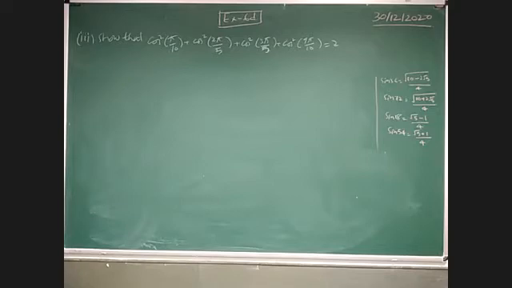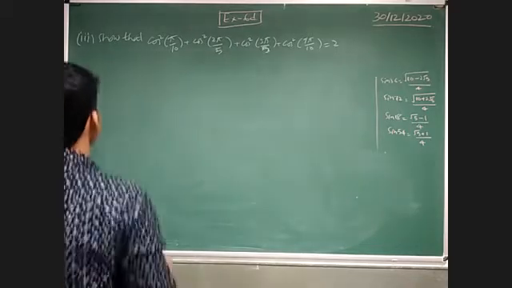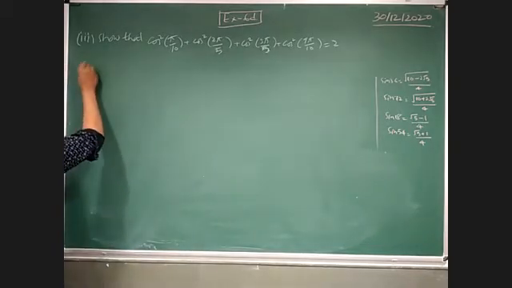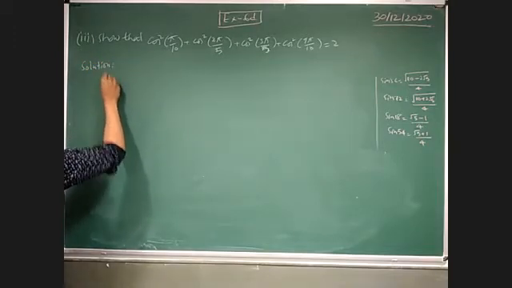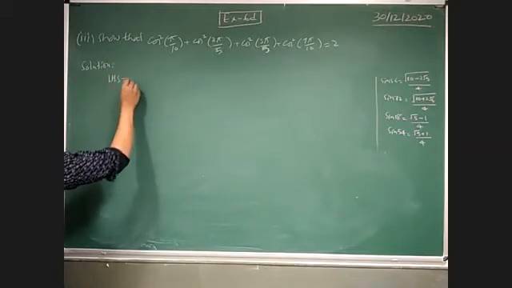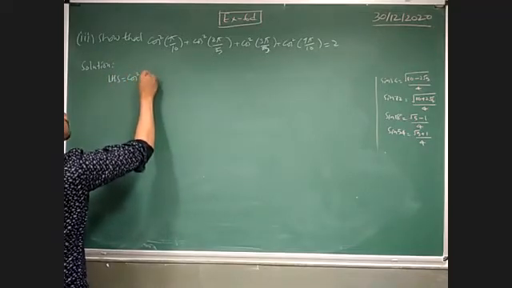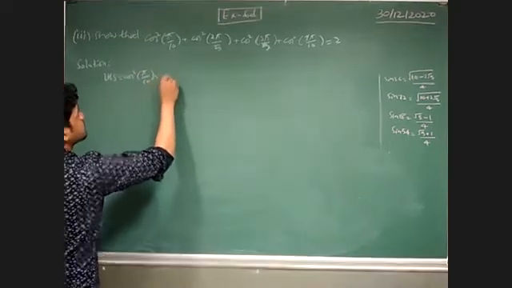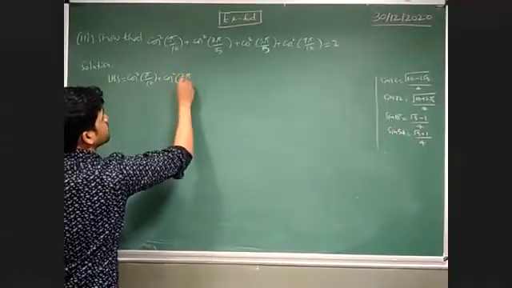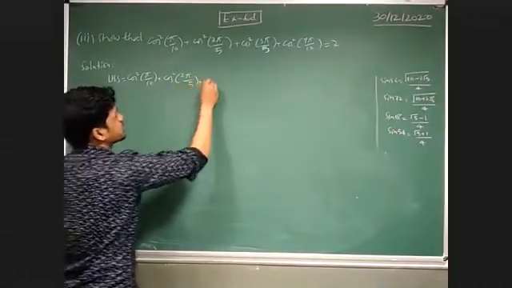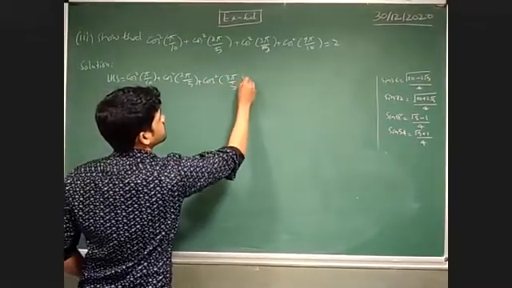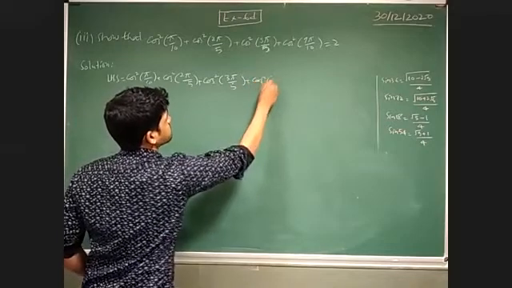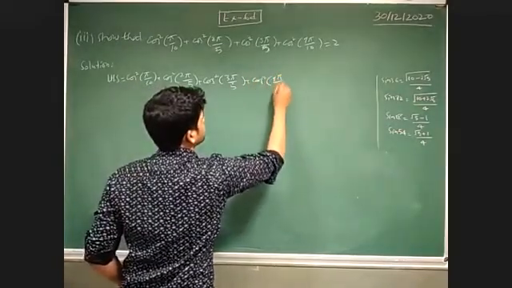So first of all, the solution. The left hand side is given: cos square pi by 10 plus cos square 2 pi by 5 plus cos square 3 pi by 5 plus cos square 9 pi by 10.